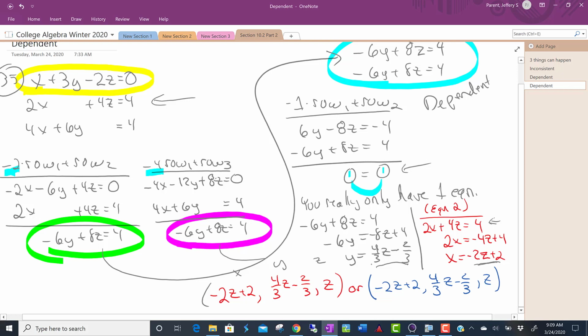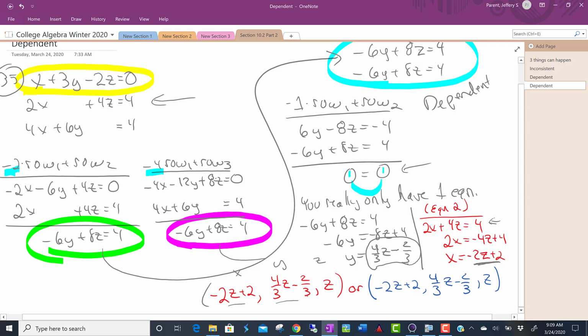But y is defined. Here's my expression for y, 4z minus 2/3. And then I solve for my expression for x over here. So x, y, and z.